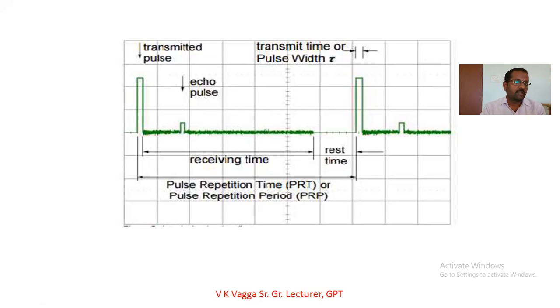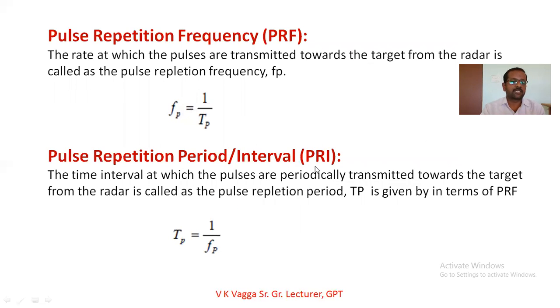In the same way, taking the second pulse as the reference, it is how much time it waits to receive the echo of the second signal prior to the transmission of the third pulse. That indicates the pulse repetition time or interval.